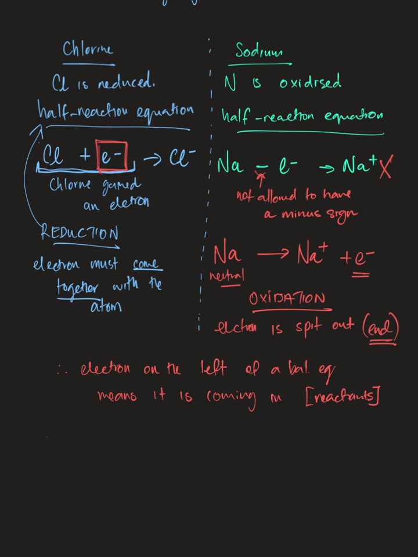All right, and an electron on the right of a balanced equation means it is leaving. So you're always going to see it on the product side. Now that's important to us, because when I see that happening, so let me just sort this out.